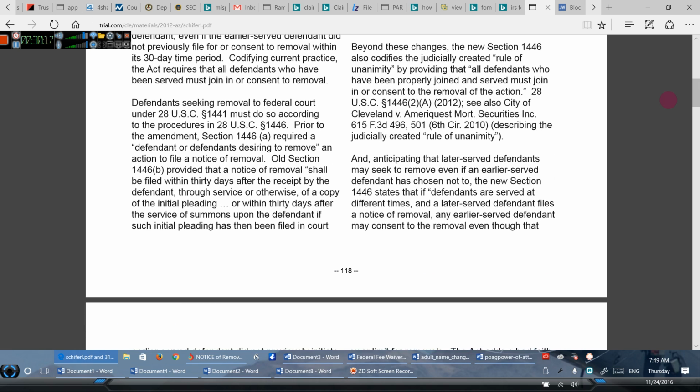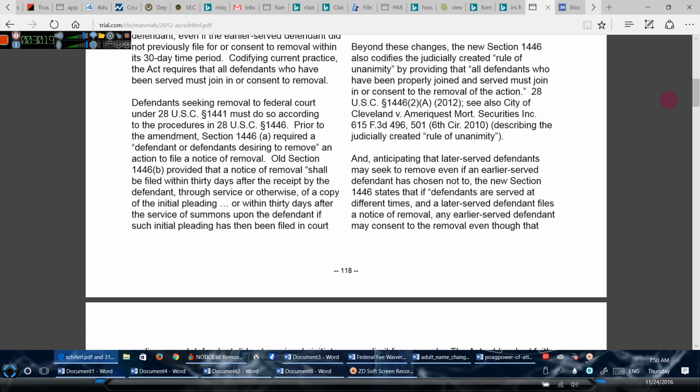Anyway, beyond these changes, the new Section 1446 also codifies the judicially created rule of unanimity by providing that all the defendants who have been properly joined and served must join in or consent to the removal of the action. Exactly. Unanimity. It's a unanimous decision.